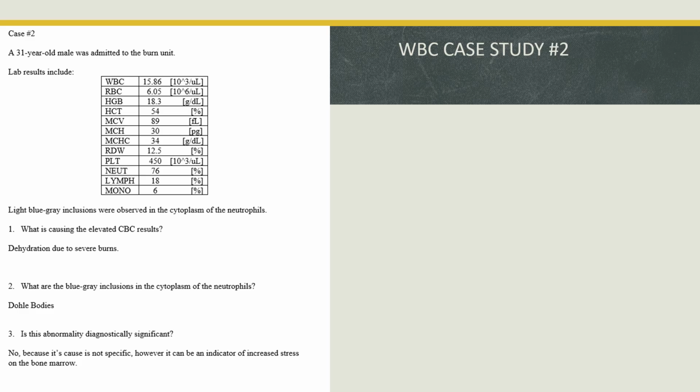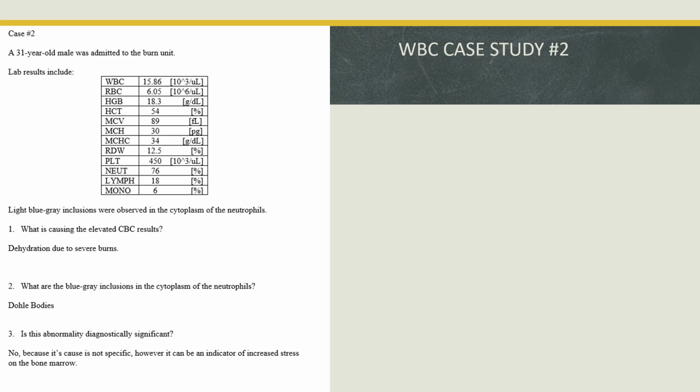So what happens with burn patients very often is they become very dehydrated because they're losing all of that fluid, that interstitial fluid is seeping out, but when they take fluids in, it just evaporates or leaks out of those burns because that protective barrier has been compromised. So this patient would have a secondary polycythemia due to dehydration because of those severe burns.